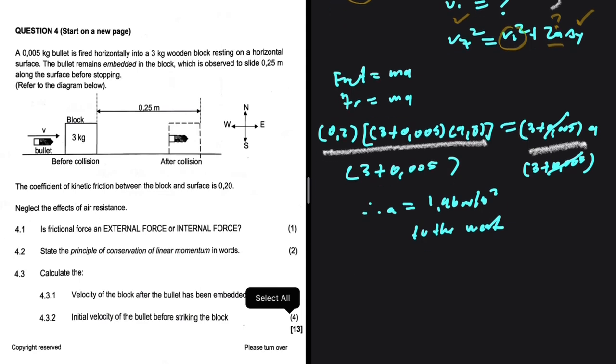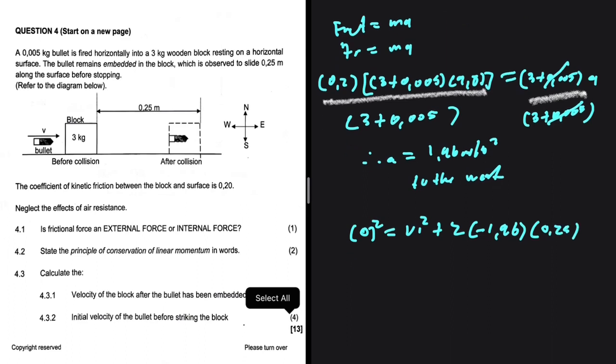VF squared, so 0 squared, equals VI squared plus 2A, where our acceleration is minus 1.96, multiplied by delta Y, which is 0.25, if we take the direction east as positive.